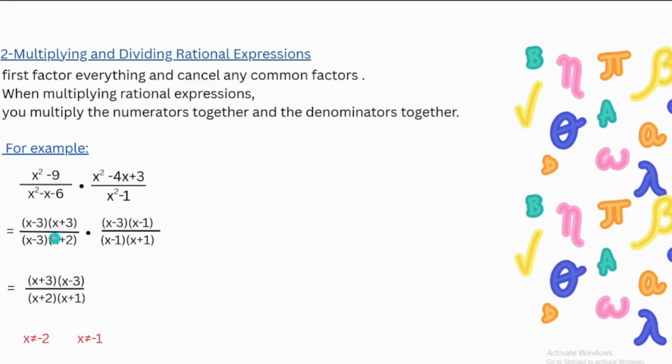Here we will cancel x minus 3 with x minus 3, and here we will cancel x minus 1 with x minus 1. The remainder here is x plus 3, and the remainder here is x minus 3 over x plus 2 times x plus 1. And we have to say x is not equal to negative 2 and x is not equal to negative 1.